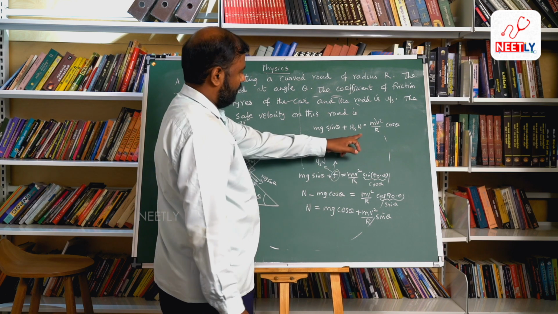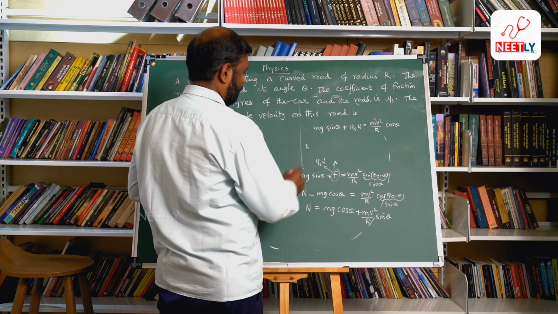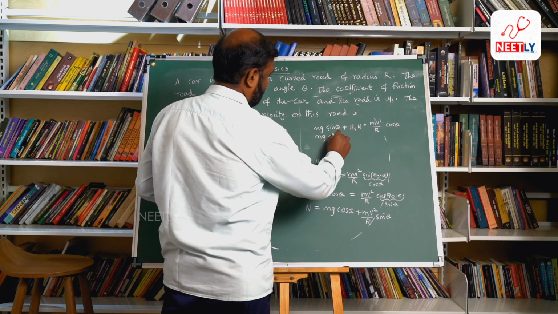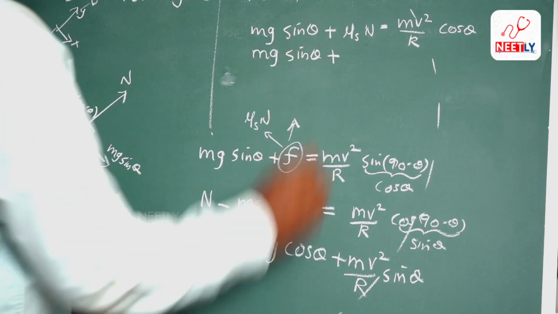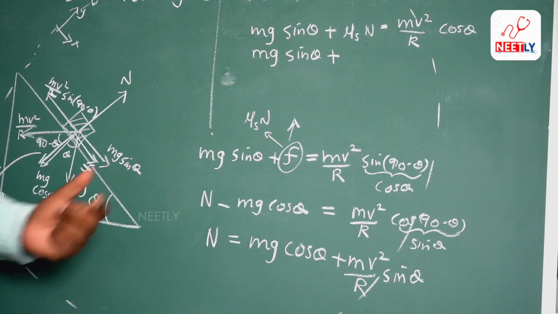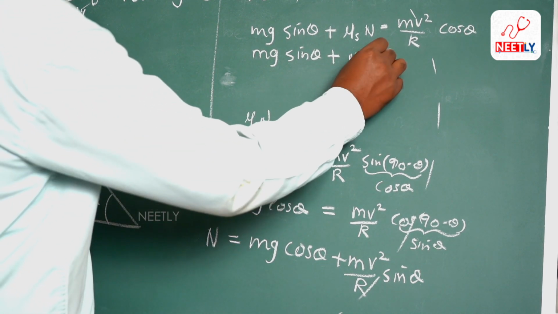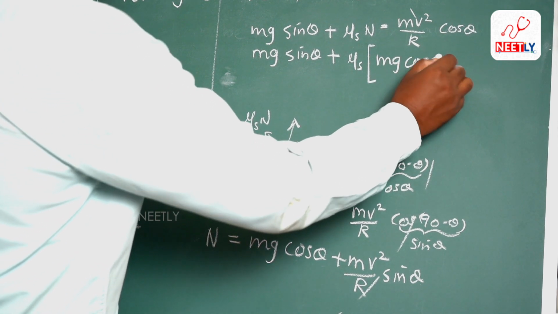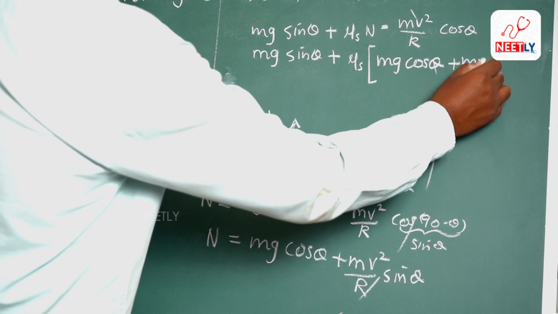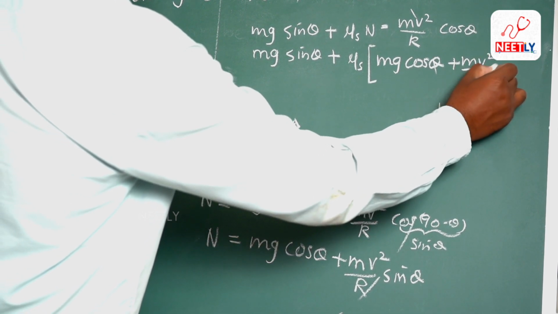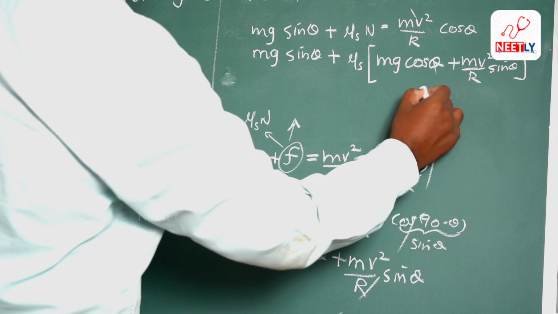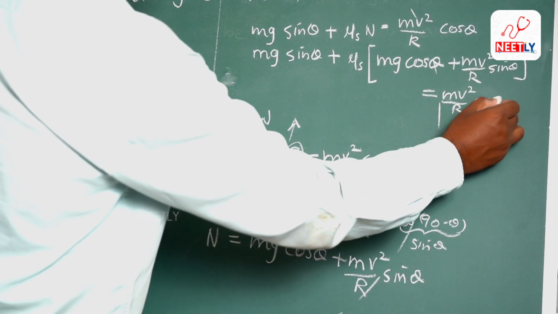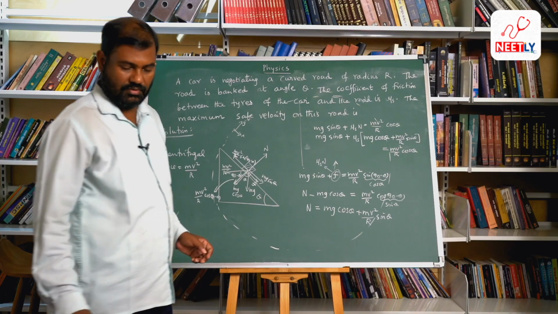So, substitute this value in place of N. So, we have mg sin theta plus mu s into mg cos theta plus mv square by r sin theta is equal to mv square by r cos theta. So, this is what we get.